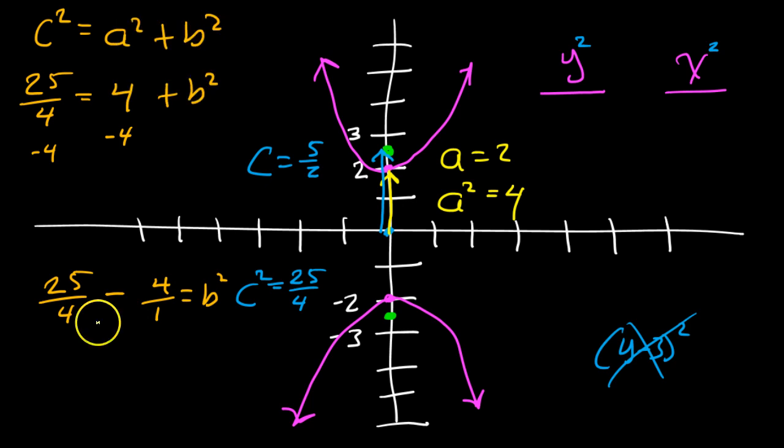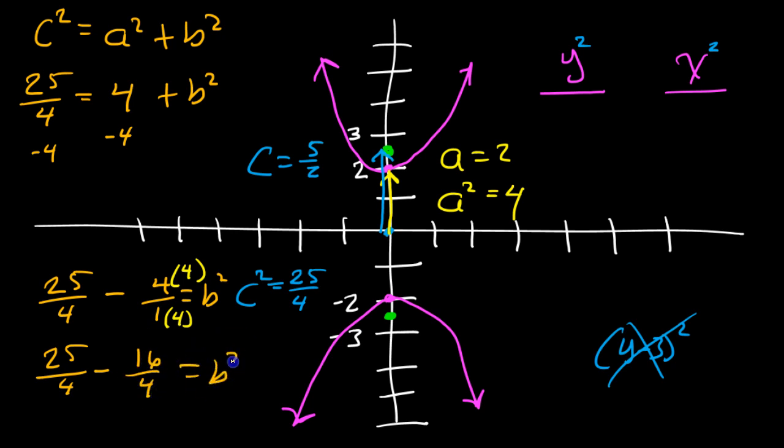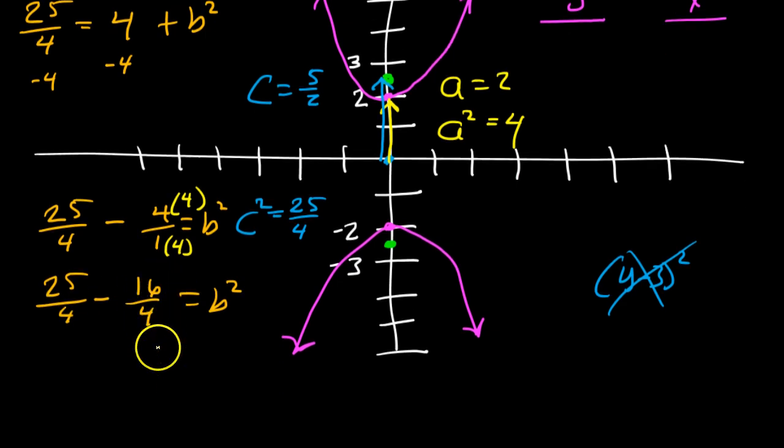Well, what now? I need like denominators. So I'm going to multiply by 4 like this. So now I'm going to have 25 fourths minus 16 fourths is equal to b squared. 25 minus 16, that's going to be 9.